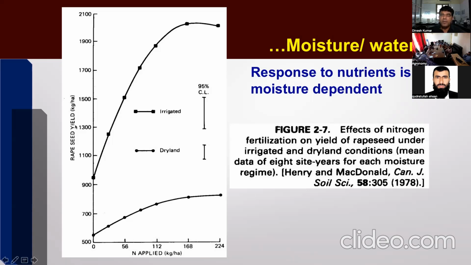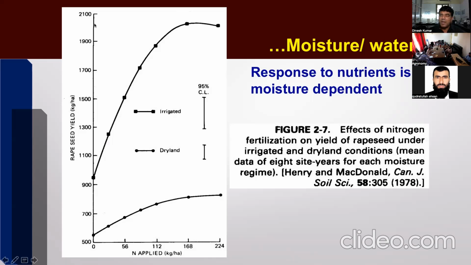Soil is the same, field is the same, everything is the same, but the only difference is in water supply. In one case, water was not supplied, a kind of dry land condition. So you can see yield levels are around 1000 kg per hectare. So yield levels are very low. But if you have irrigated condition, same variety, same thing, but if you have applied water, the yields could be around 2000 kg per hectare.